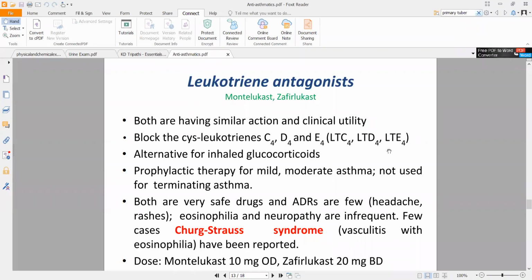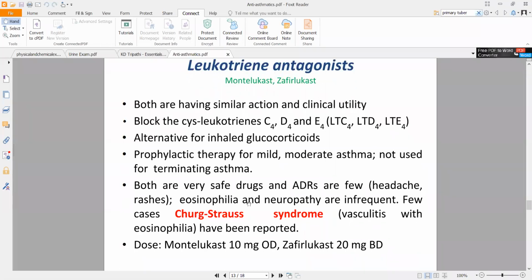That syndrome is basically a condition in which the patient will have vasculitis along with eosinophilia, that is, inflammation of your blood vessels, which is vasculitis. So that can happen with these drugs, so you have to be careful in that condition. But in general, leukotriene antagonists are relatively safe.